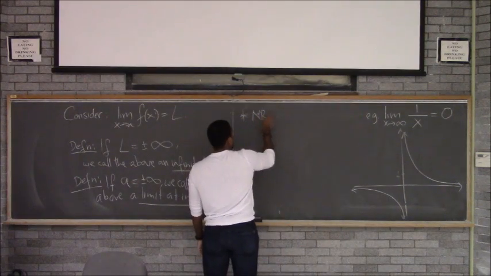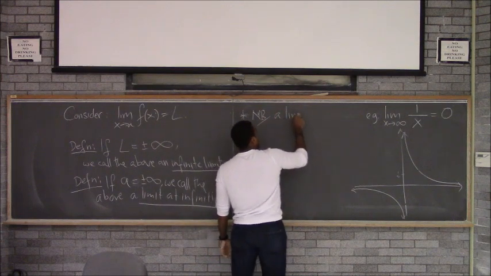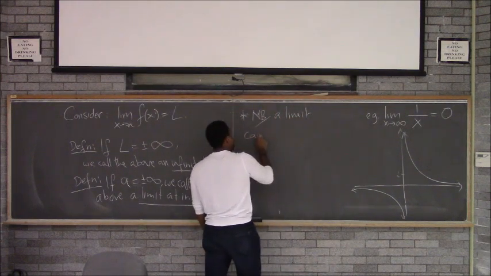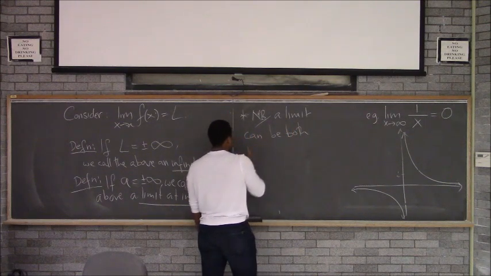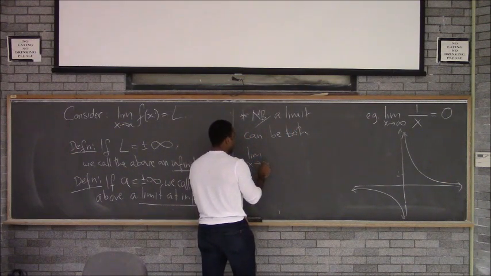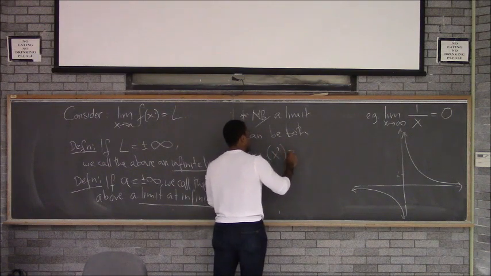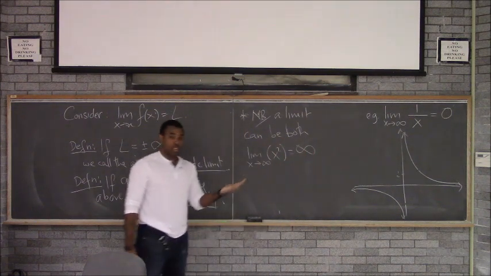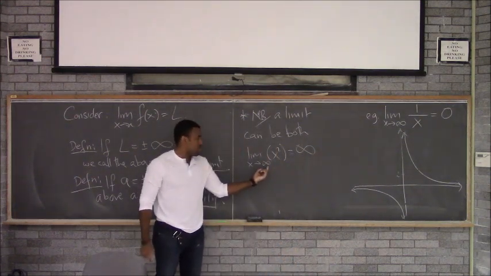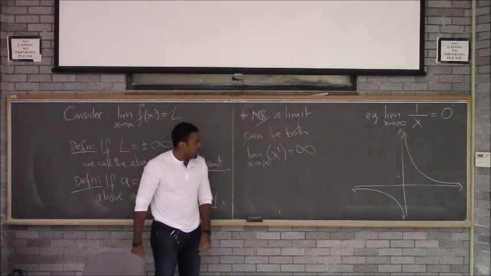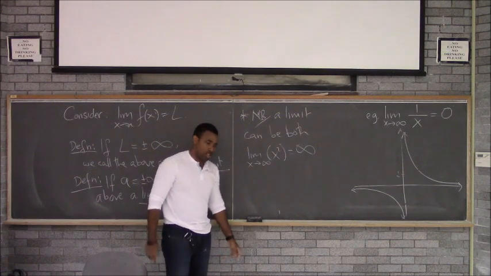Note, a limit can be both. Obviously it can be neither. For example, if I look at this limit, this is an infinite limit at infinity. My input is approaching infinity, so we're going at infinity, and the result is infinite, so this is an infinite limit.